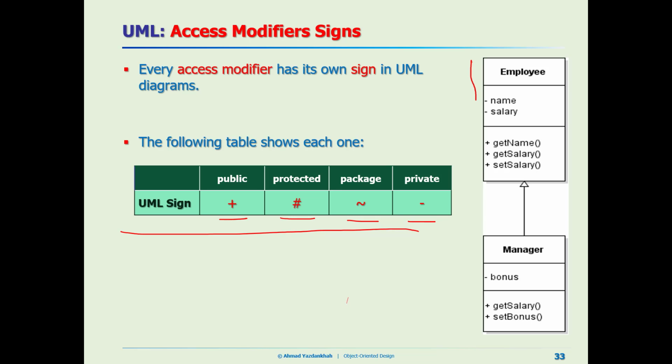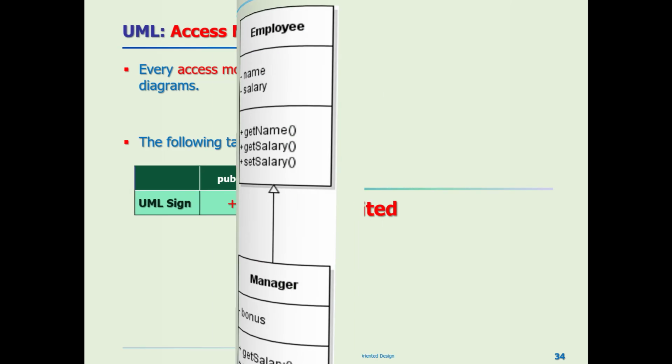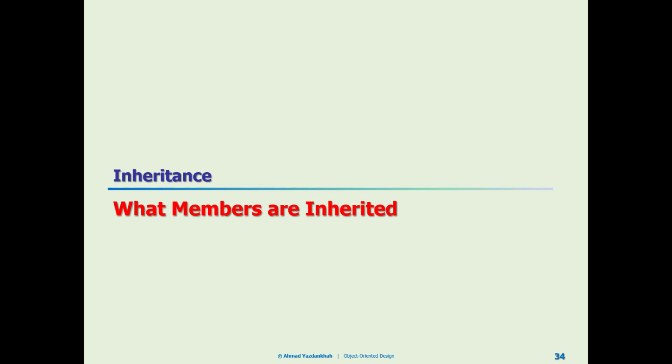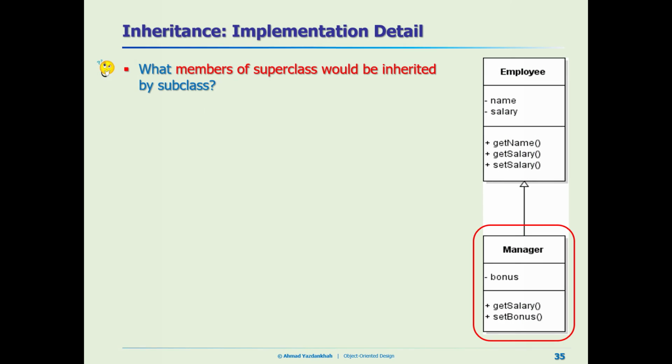Considering this picture, which is the UML class diagram, let's answer the questions. First, what members are inherited? All right. In summary, we would say all visible members of superclass would be inherited. So that's a very general answer.